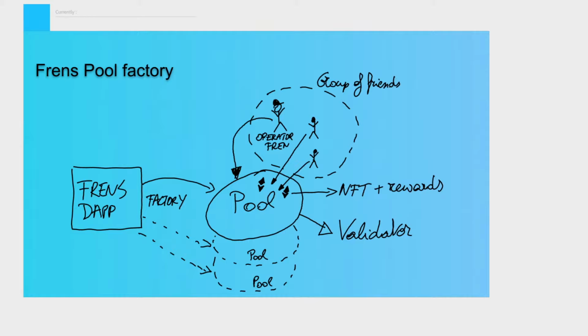Then his friends can put Ether in that pool through, again, the same user interface we provide. In exchange, they get an NFT, and later the rewards once the validator is running. We also provide an easy UI to spin up the validator and get SSV running.